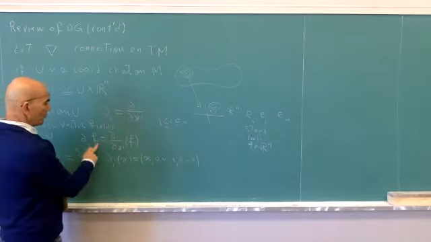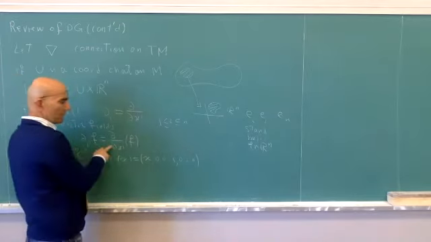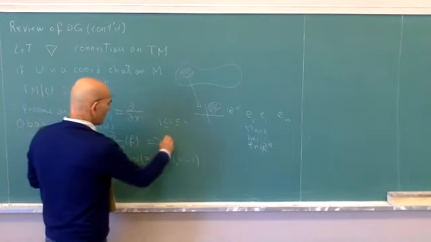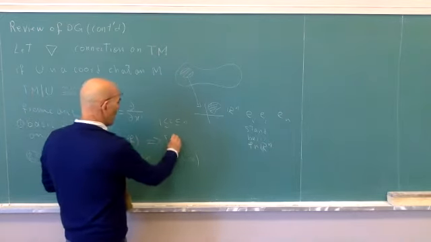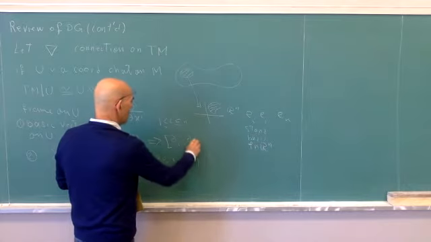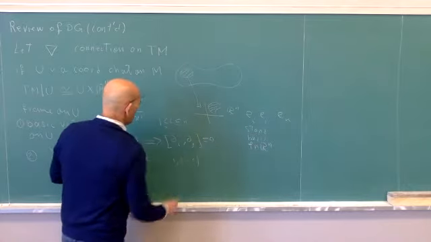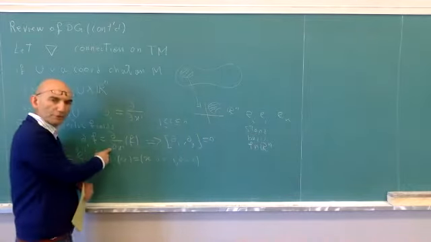So in particular, if you use this first interpretation, it immediately shows that the commutator of ∂i and ∂j is equal to 0, because second partials commute, right?